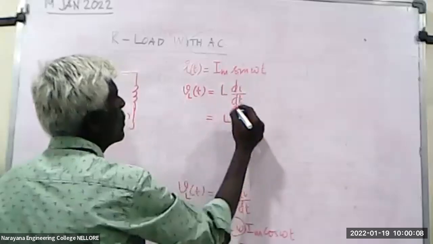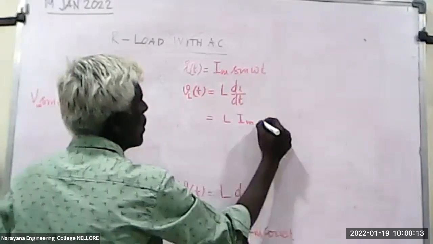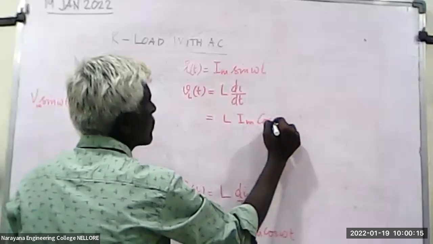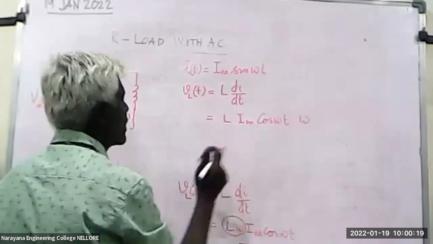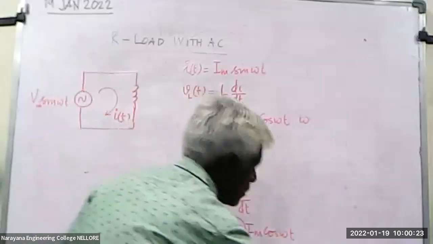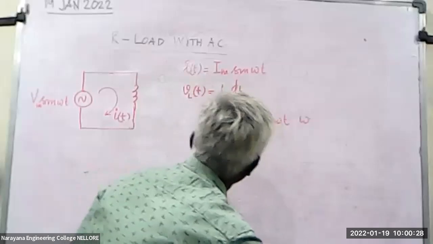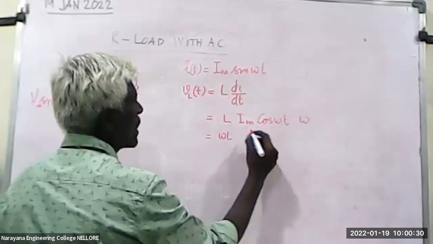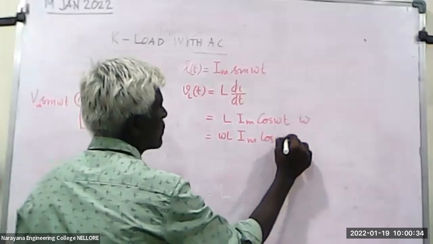So L into, when you differentiate this one, you get Im cos omega t into omega. With respect to time, when we differentiate, you get omega here. So it is omega L. I take this omega L and then Im cos omega t.